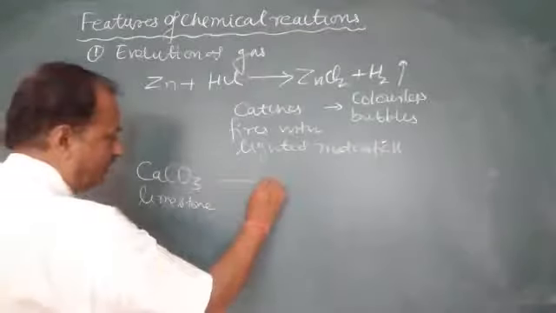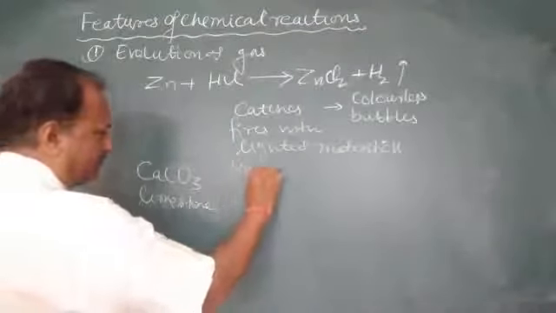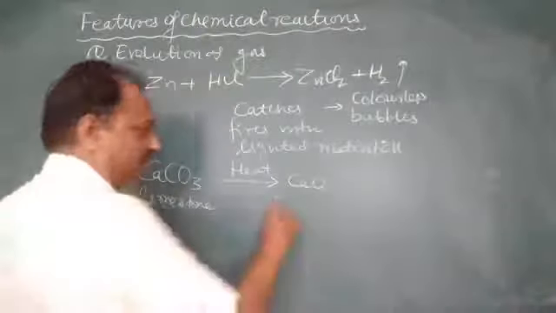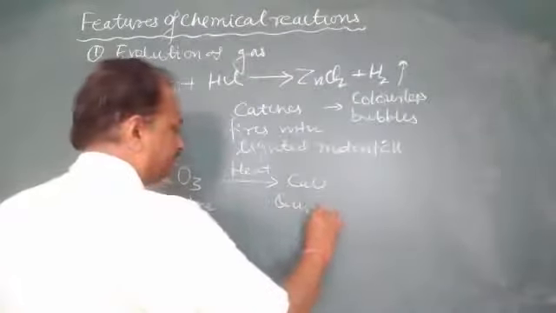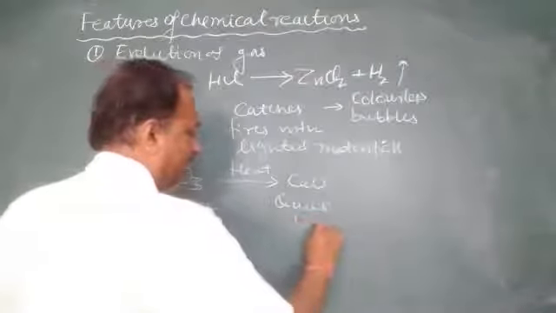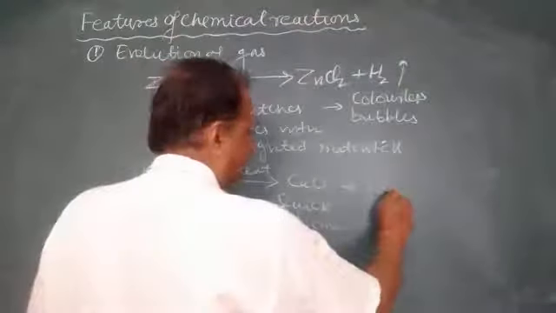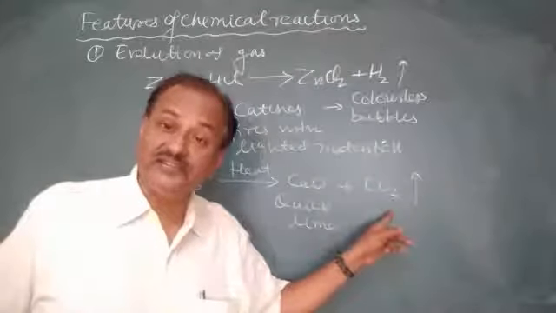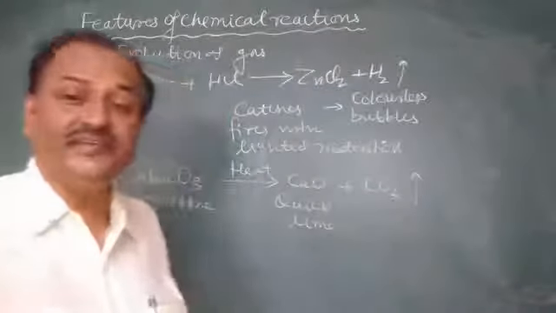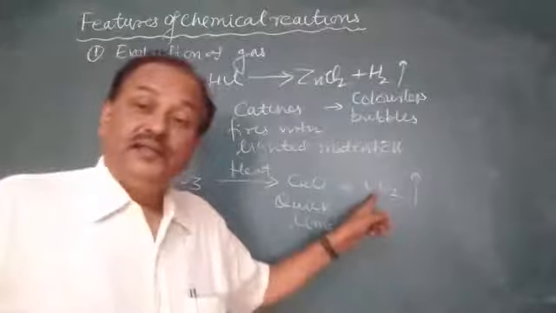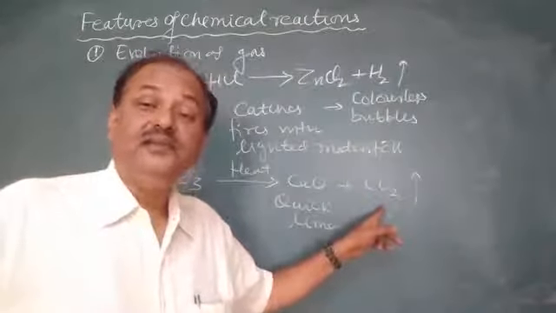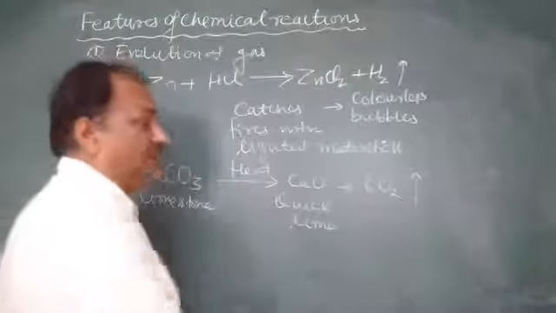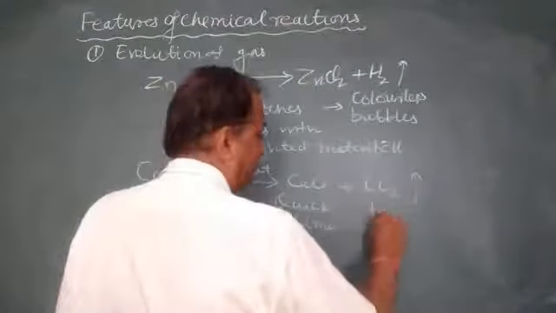On heating limestone, there is formation of quicklime, calcium oxide, and carbon dioxide gas, CO2, is produced. This carbon dioxide gas does not have any smell, and it turns lime water milky.